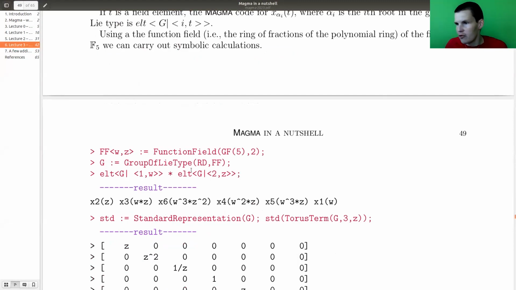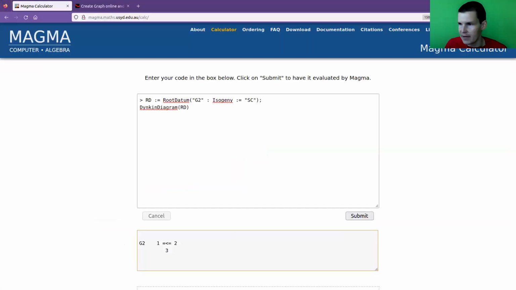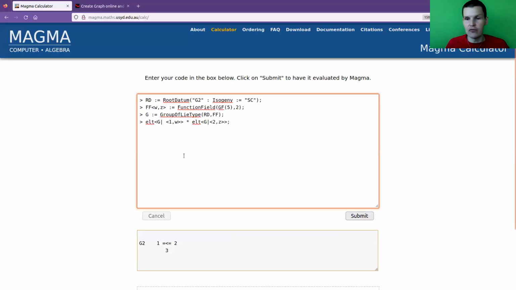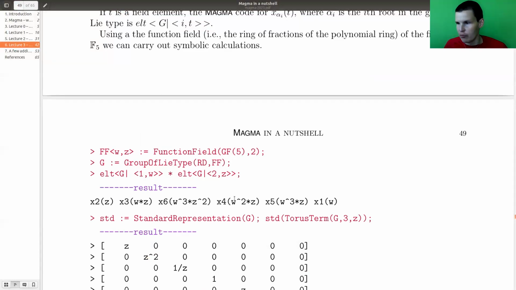And now let's do it over a function field instead of over a finite field. That's also no problem. As long as it can do explicit calculations, Magma will be very happy. So for the function field, we set up the root datum of G2 over the function field, and we just take, for example, a product of certain elements of that group. No problem at all. As long as the field is numerically precise, so there are no complex numbers or real numbers going on, you can just set it up, and it has built-in highest weight representations, right?